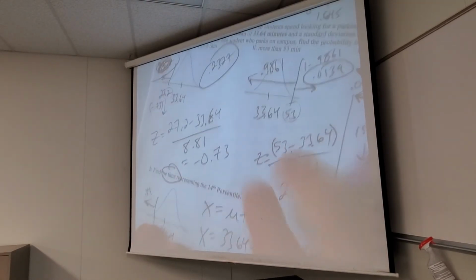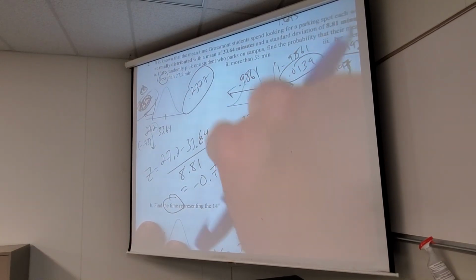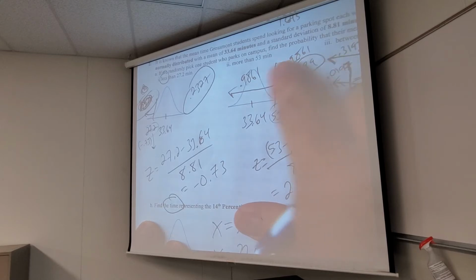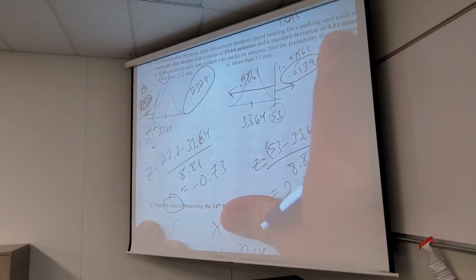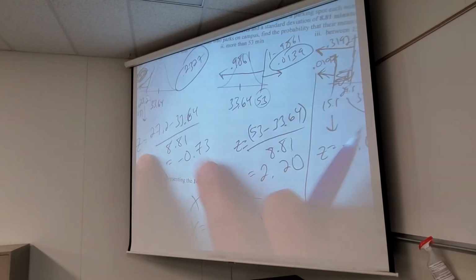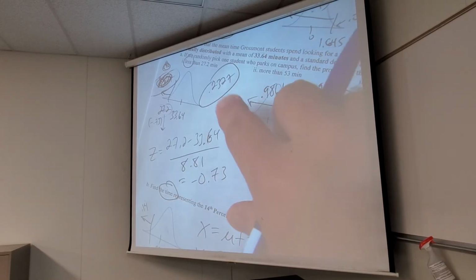So if I had any normal curve problem, the mean could be 3 billion and the standard deviation could be 157 million. If I make a z-score and it's negative 0.73, there's going to be this much area.